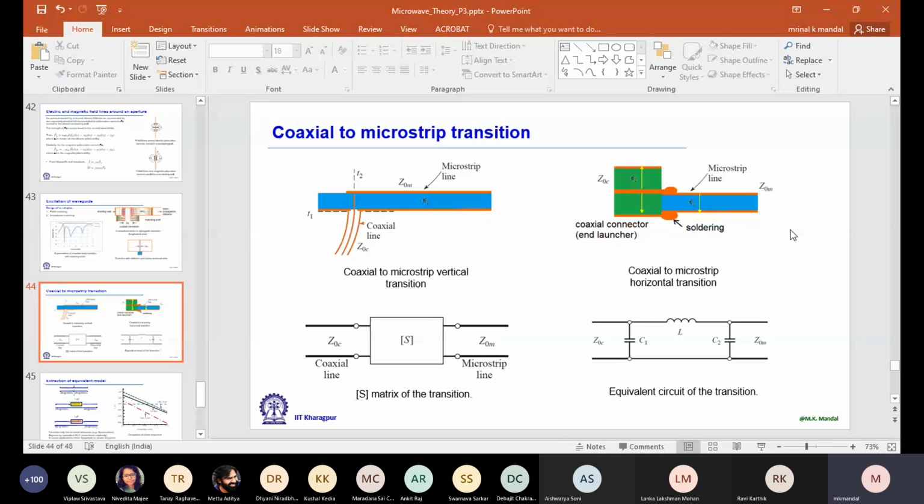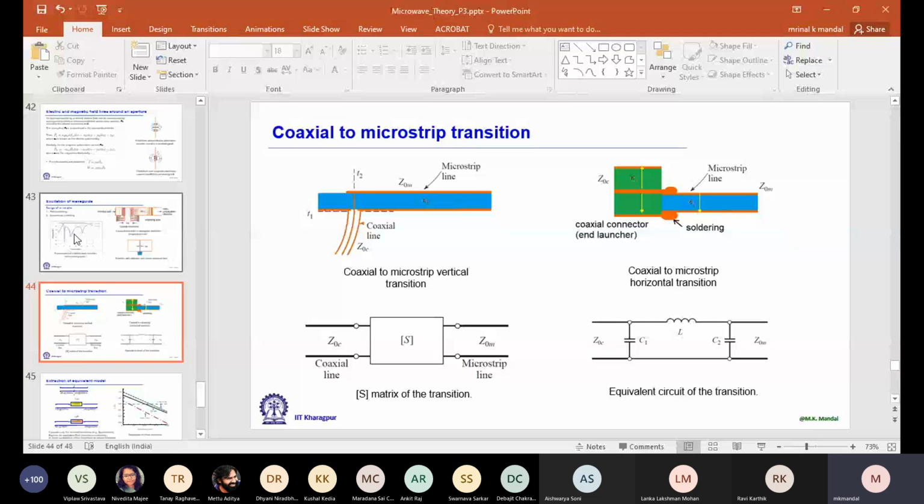Now, what about impedance matching? Coaxial cable, if it is 50 ohm, microstrip line, if that is also 50 ohm, then automatically impedance matching is also done. So that's why you see SMA connectors, and there are so many connectors we discussed when we read about coaxial cables. And most of them, if you notice, they are called end launcher, and we connect them just like this. Inner conductor is soldered to the microstrip line, outer conductor is soldered to ground part, and they are automatically matched.